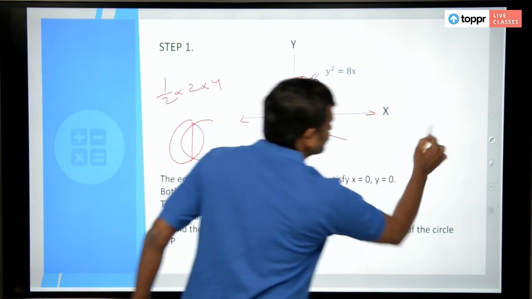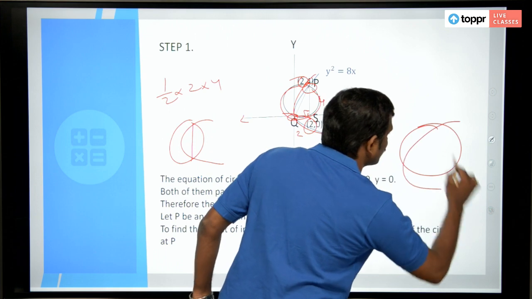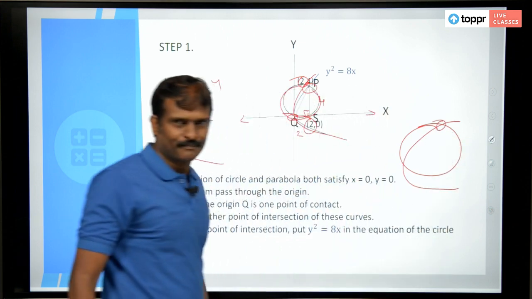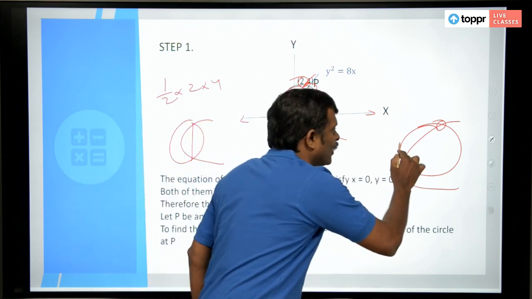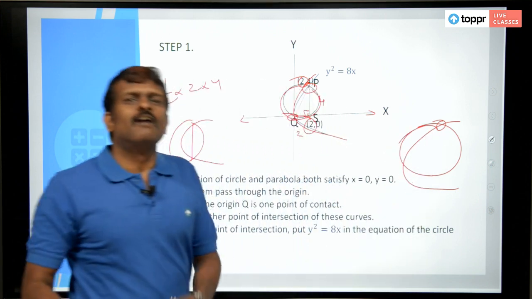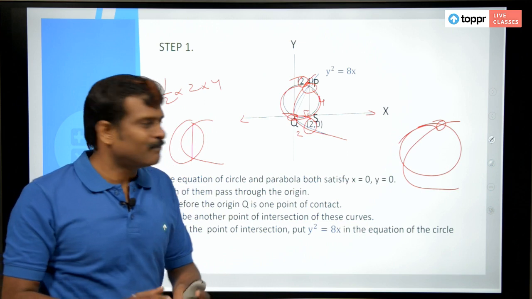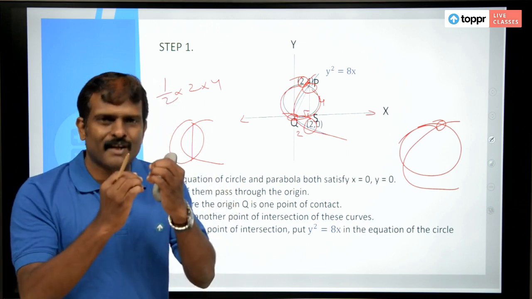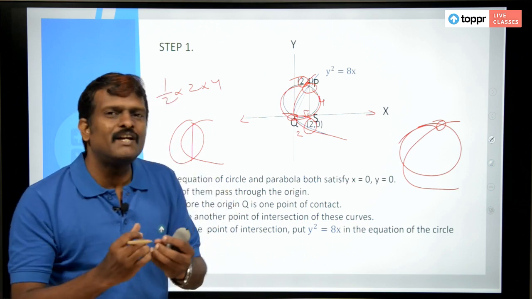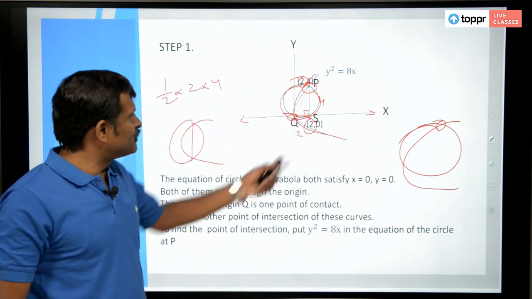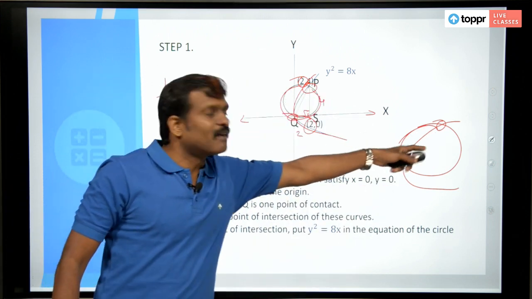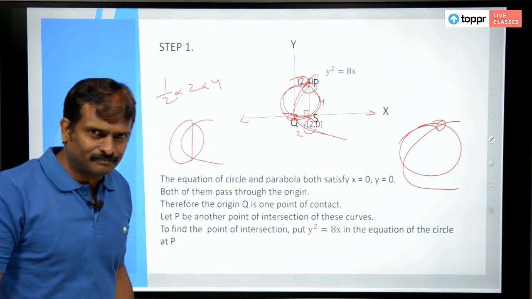See, the circle is going like this and the parabola is going like this, and we are trying to find the common point for both of them. That means whatever point is there on the circle is also there on the parabola. That means if you solve the two equations, you get this common point. That is the reason we substituted the value of y from the parabola into the equation of the circle.